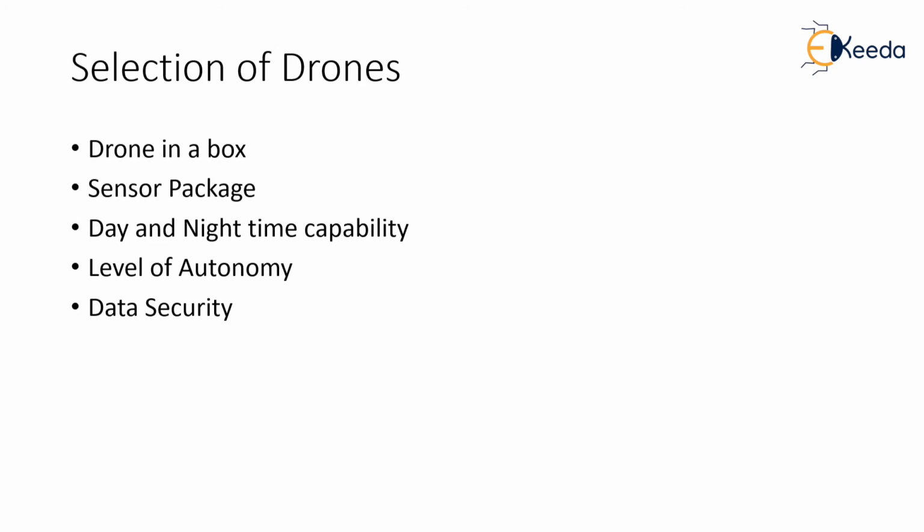You want to make sure that data is not stored in third-party software or at a third-party location. You want it stored only with you in a secure location, because for all these purposes, data security is very important. So these are the main core concepts or requirements for selecting a drone for monitoring and patrolling purposes.